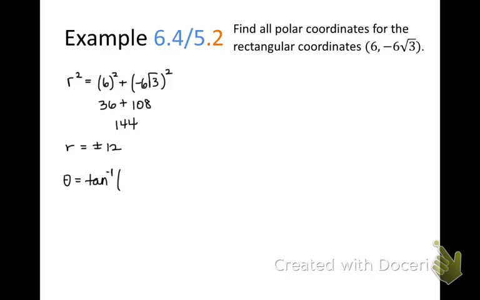Right, so the y value over the x value. So for us, negative 6 square root of 3 over 6. Notice that your 6's cancel, so you're really looking at tangent inverse of negative square root of 3.